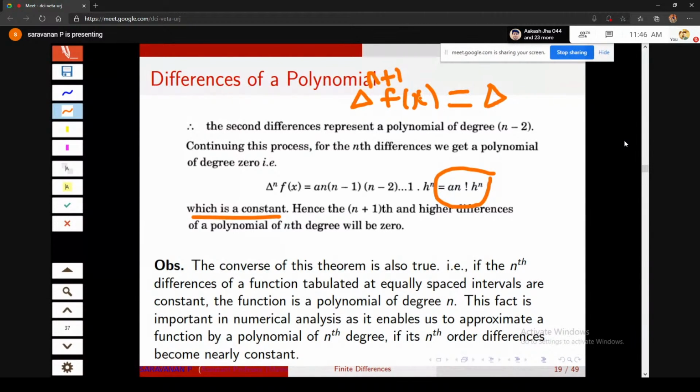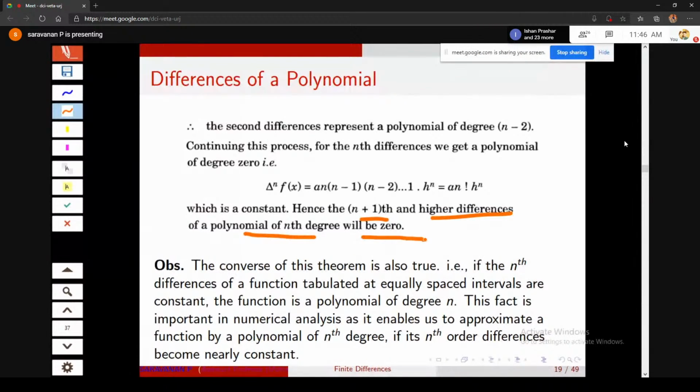Delta power n of f of x is a constant, so delta of c. What is delta of c? The next value is c because it is a constant only. So we get c minus c, which is 0. So delta power n plus 1 is 0. Similarly, delta power n plus 2, n plus 3, all these are 0. All the higher order differences are 0. Hence the nth and the higher differences of a polynomial of nth degree will be 0.